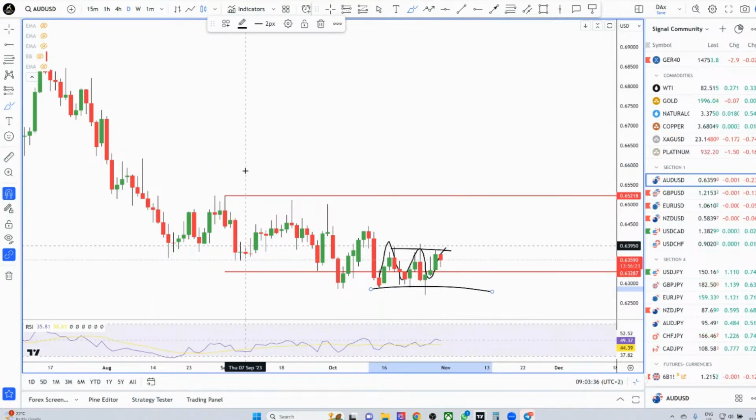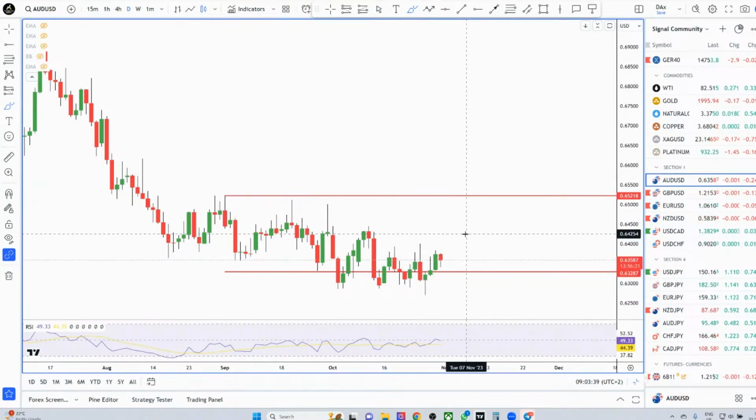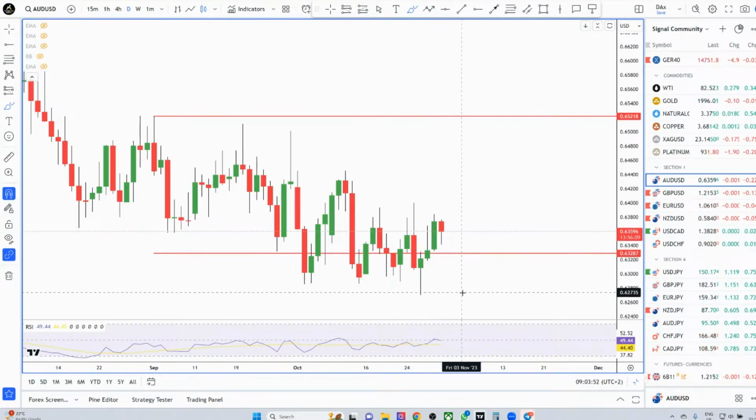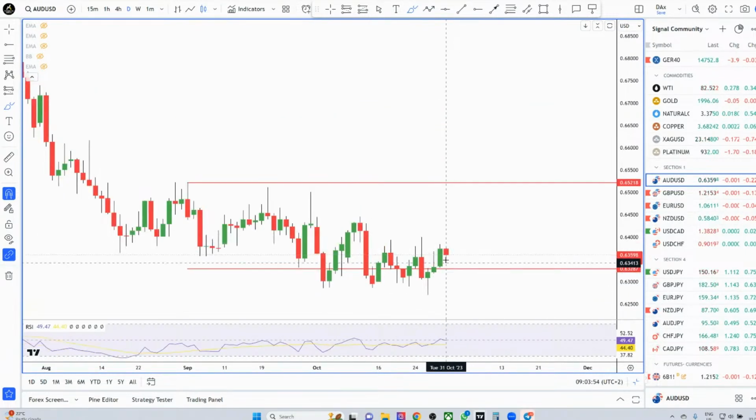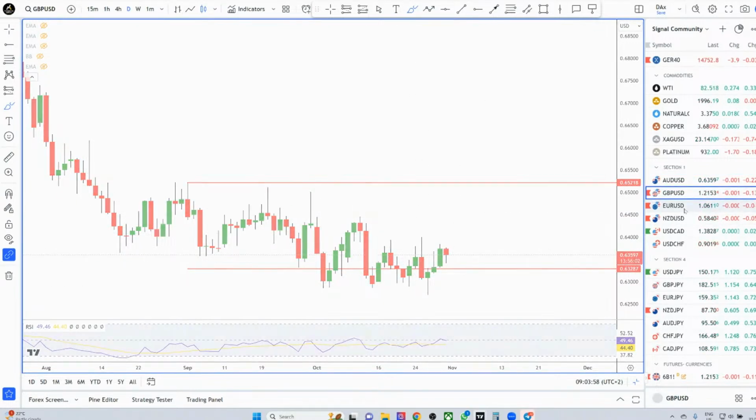So we don't expect to see a significant breakout, at least before Thursday. We don't expect to see the breakout. All right, so I pretty much stay on the side on this one, at least for now.